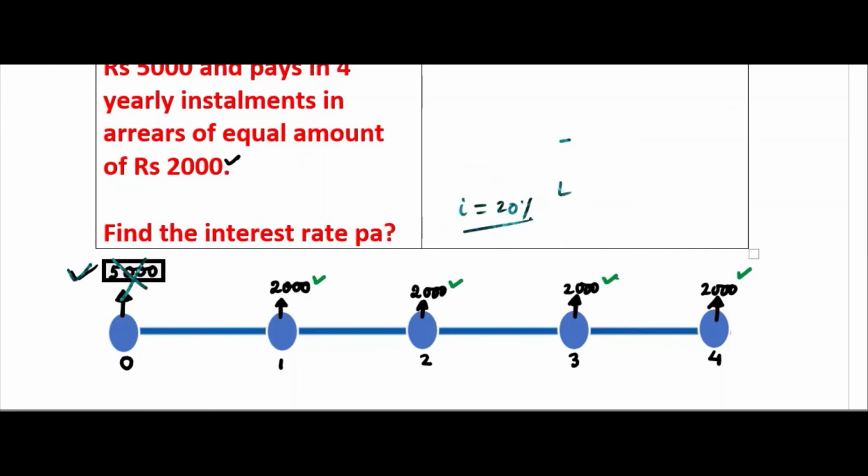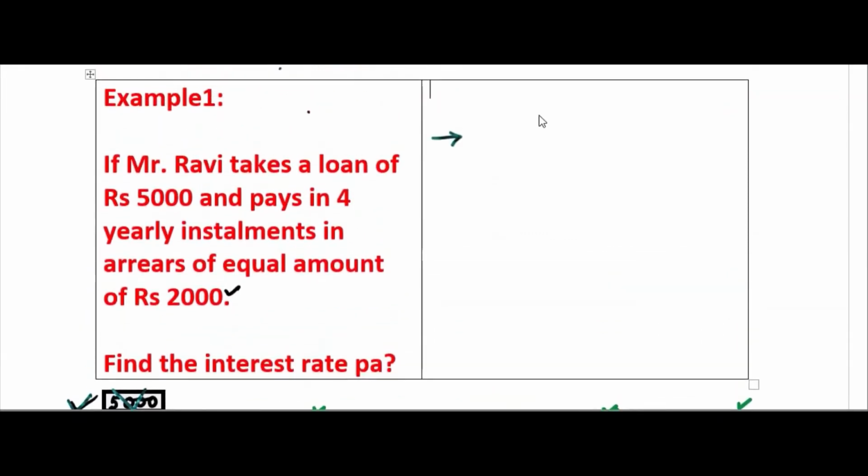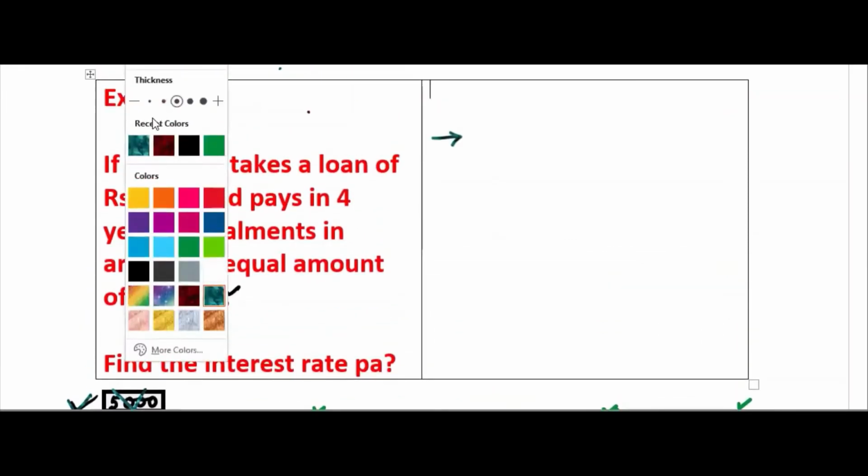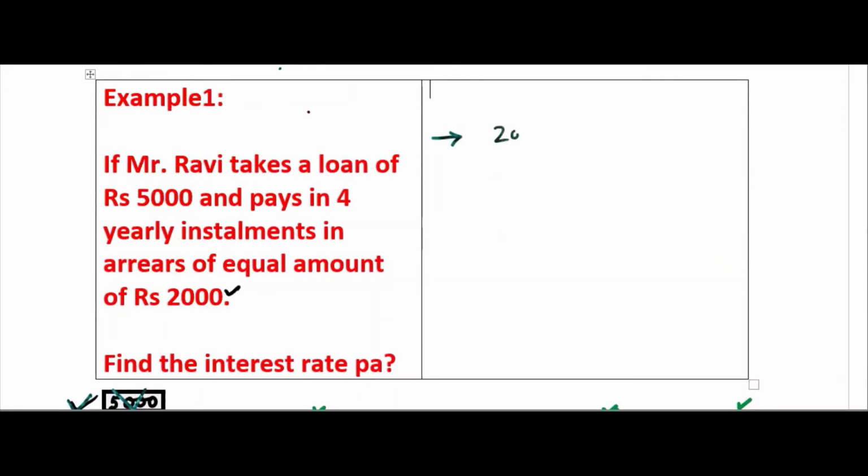We will not always get linear equations. So now I have an equation: 2000 A4 is equal to 5,000. I have to solve this. So I reached here: A4 is 5 divided by 2.